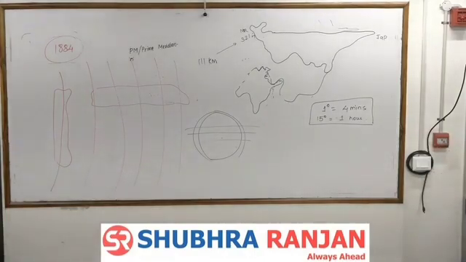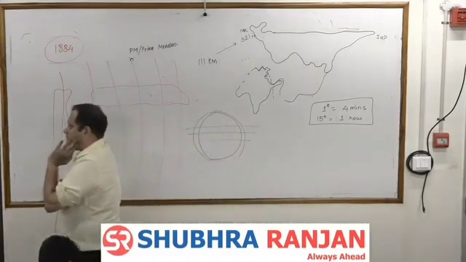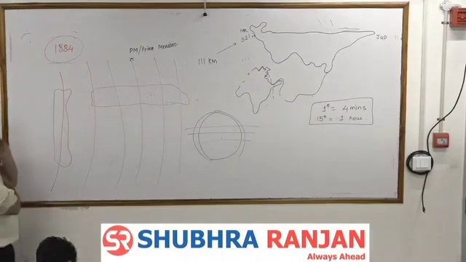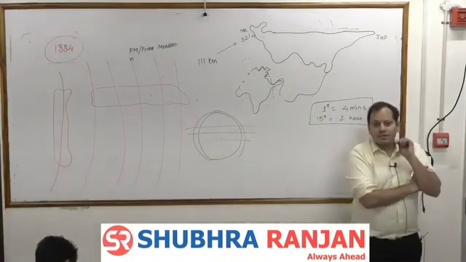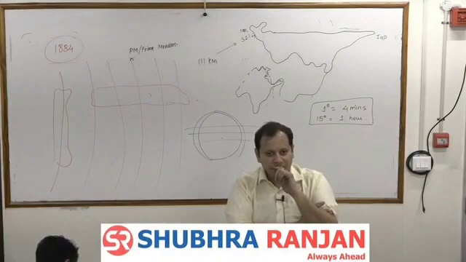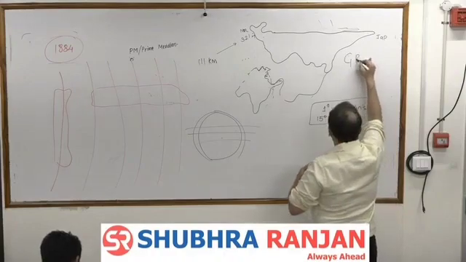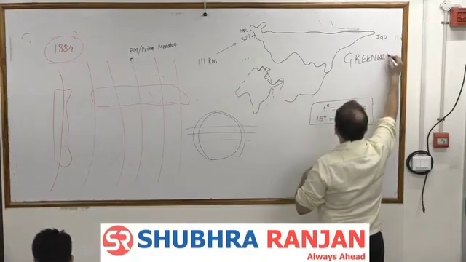So we can come to the next part. If you go to the east of the 0 degree longitude, the 0 degree longitude or prime meridian passes through Greenwich near London.